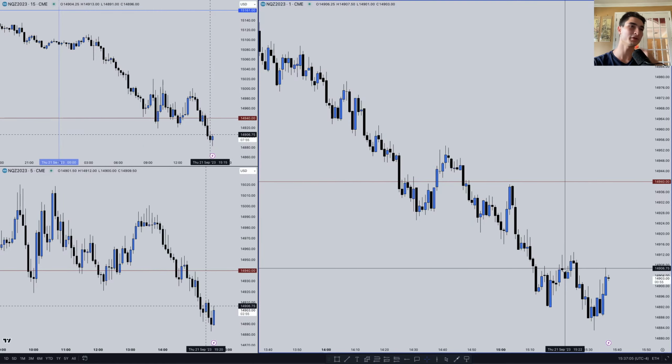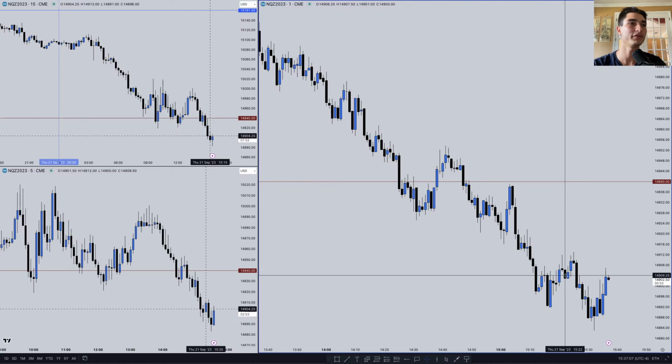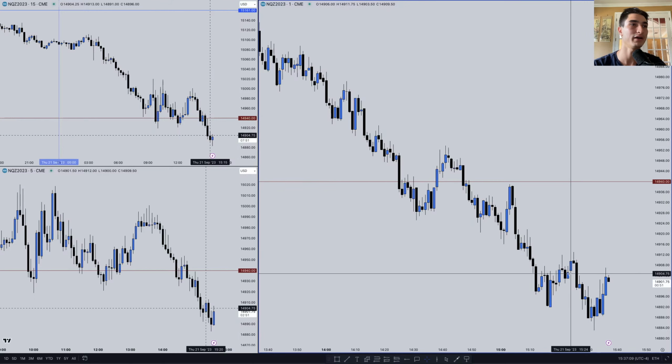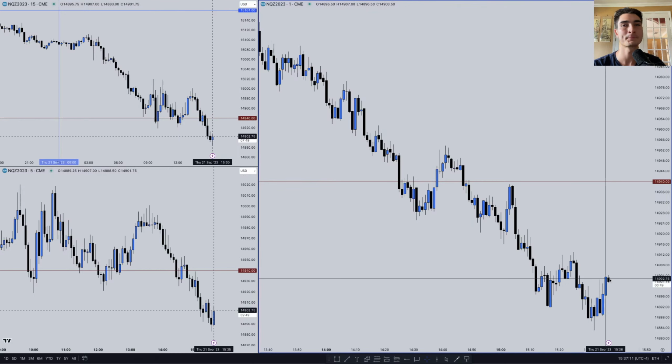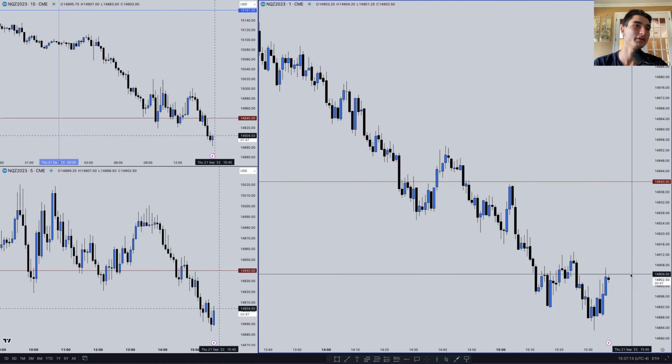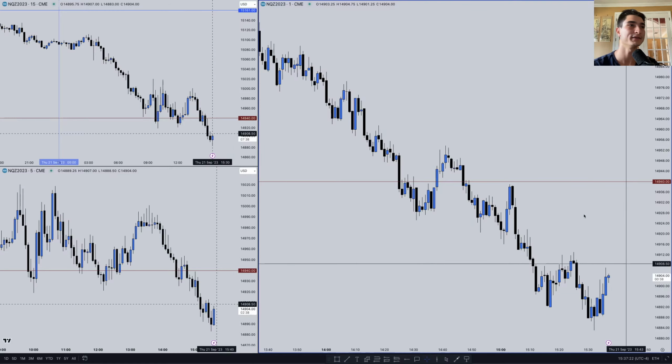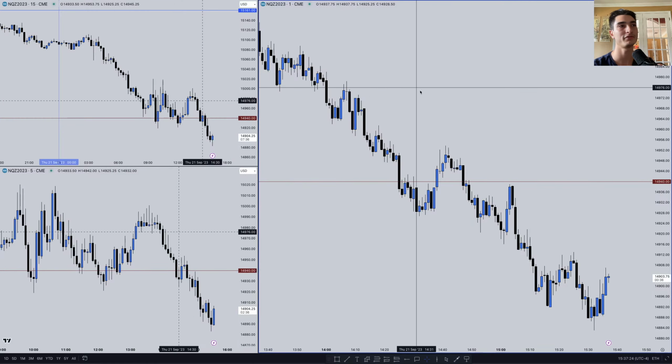But as long as you remain below this breaker here, which is that lowest down close, which is high, higher high, down close, as long as you remain below that, I'll continue expecting lower prices. But through that, we likely have capped the daily range, and it's probably going to pull back and take some stops from the move lower.